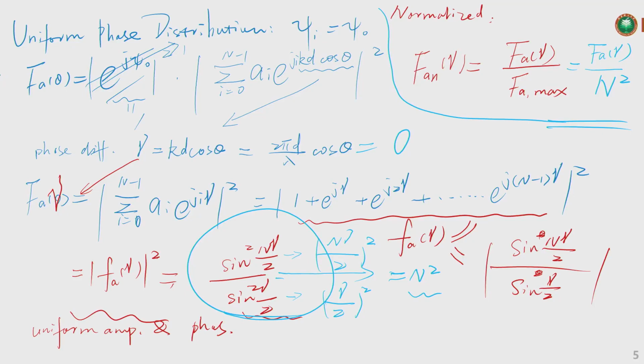Remember that we consider a uniform phase distribution, with psi, the phase part, set to be a constant for all the elements, and the radiation pattern is called broadside. Broadside pattern. How can it be called a broadside pattern?